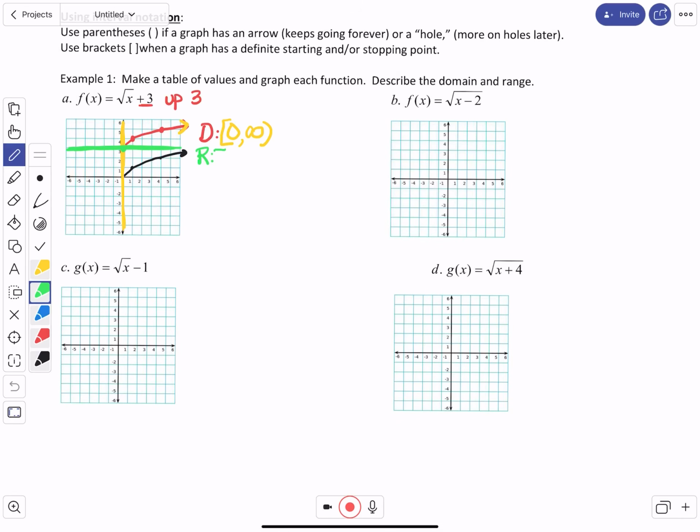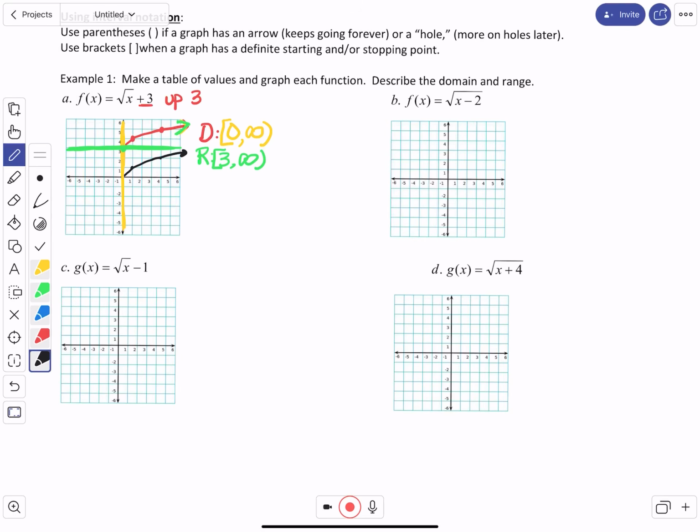So our lowest y value is 3, because we're thinking in terms of y's. Now, it's going up slowly, but it is going up. It's going to the right forever, and it's going up forever. So it is going to infinity. So that is our range. So domain, you're thinking left to right. Range, you're thinking down to up.